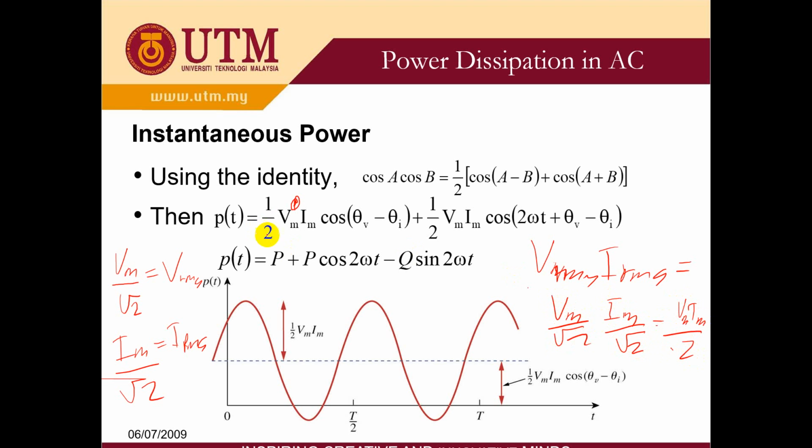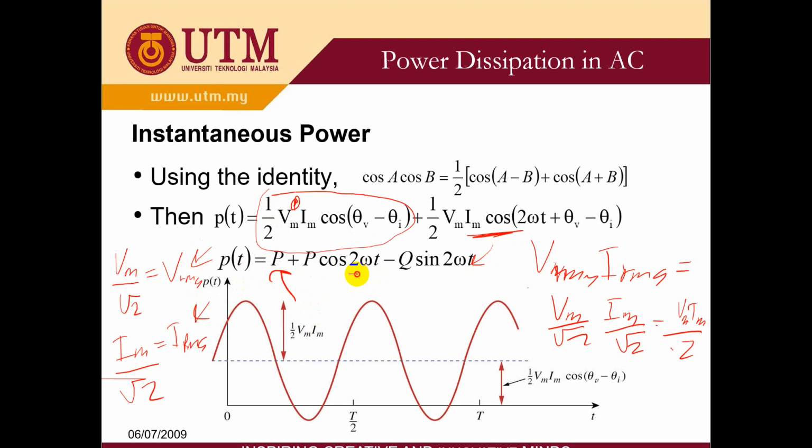That is why this parameter becomes P: when you change it to phasor, you need to use RMS. So it will become P for this case. This one you cannot do anything.